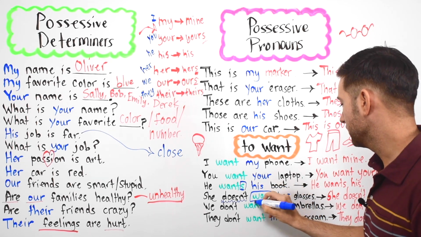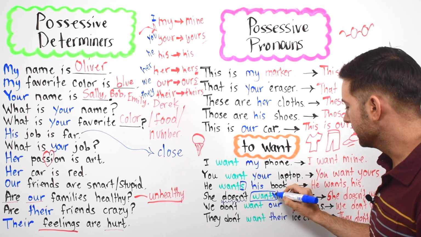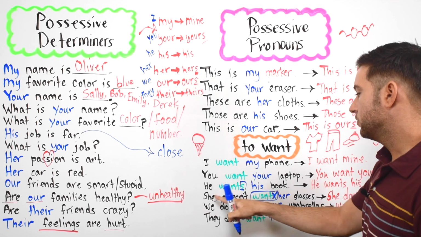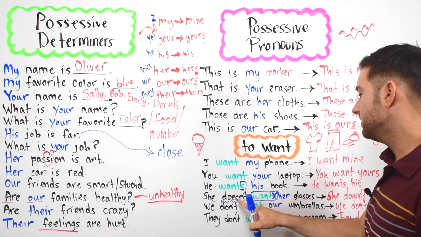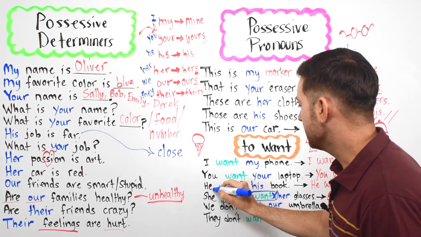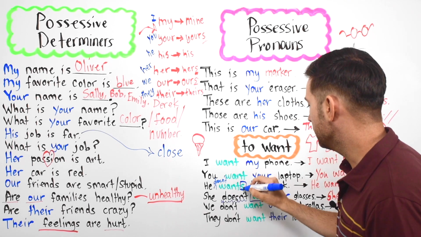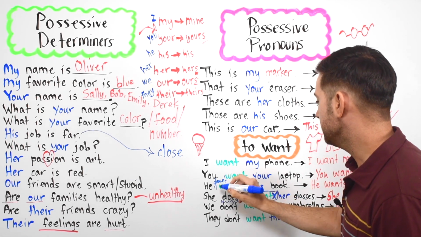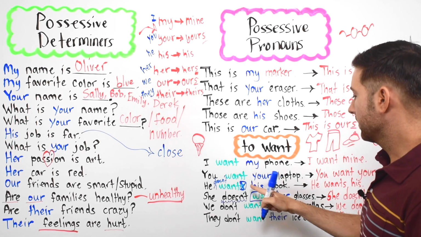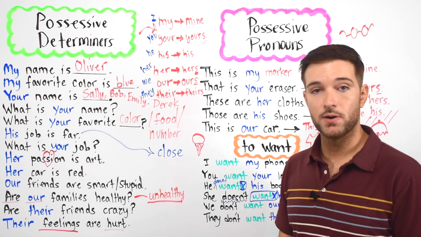Okay, so when you have something negative, we do not put the S in English. She doesn't want. Okay, she wants her glasses. She doesn't want her glasses. Okay, if this says he doesn't, then we'd also get rid of the S. He doesn't want his book. Okay? So we have an S in the third person singular when it is in its positive form.